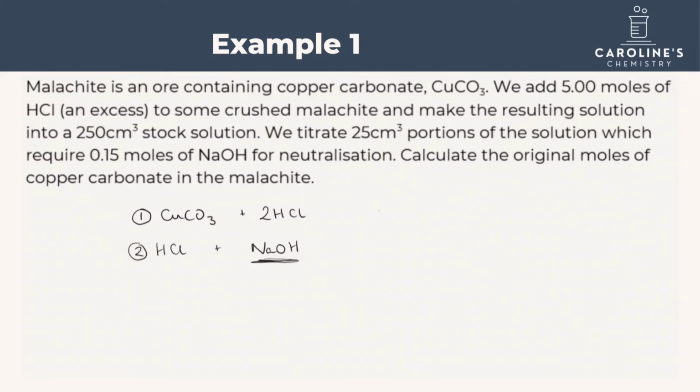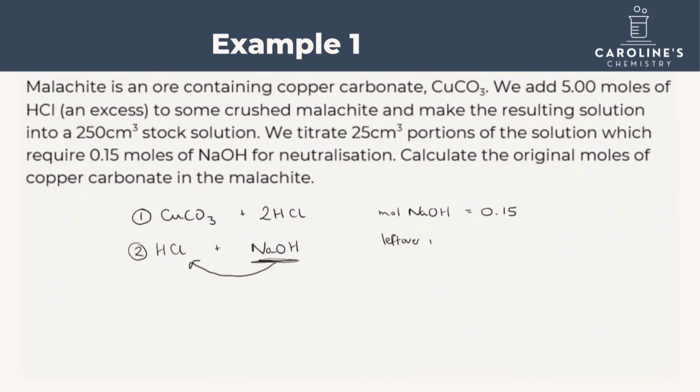Now we're given some information about that. We're told that the moles of sodium hydroxide that was required is 0.15. Now let's work backwards to the HCl. Now this hydrochloric acid is what was left over, it's what didn't react up here.